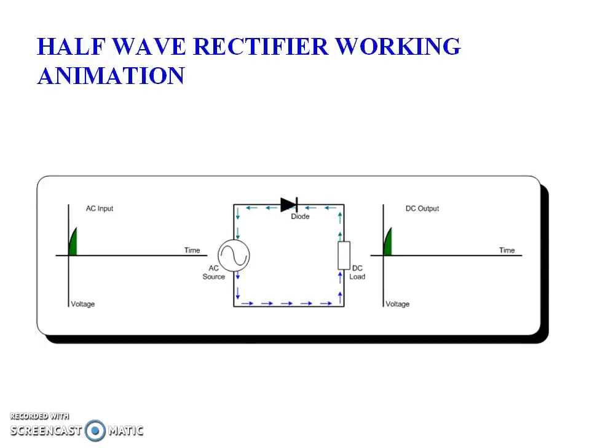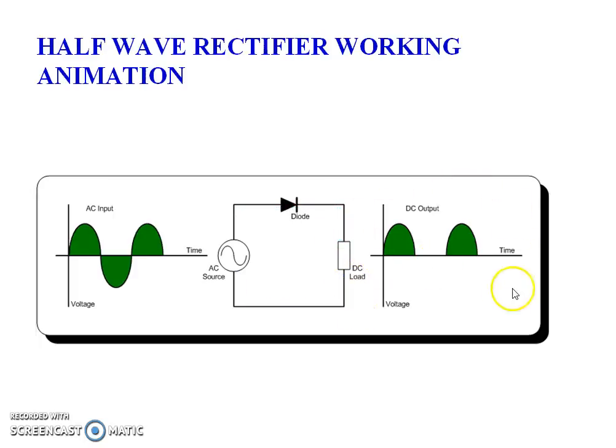And now we are going to see the working of the half wave rectifier, and that is being shown in this animation. So we have the AC input over here that is coming. And this is the circuit diagram that we have. We have an AC source, this is the diode, and we have a load connected over here.